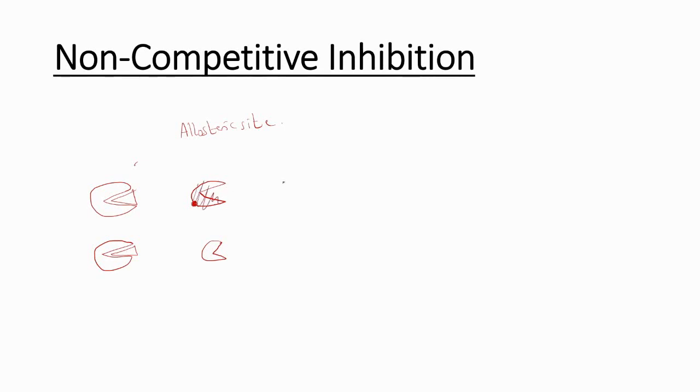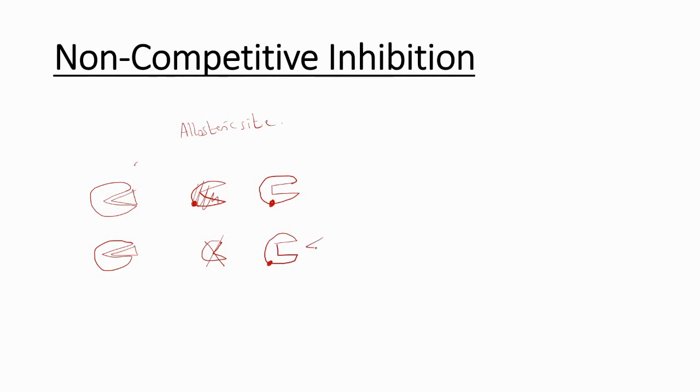So let's say that the active site shape is now like this. So I'm going to bind the non-competitive inhibitor, and the active site shape is going to change. And now these enzymes can no longer bind to the substrate.